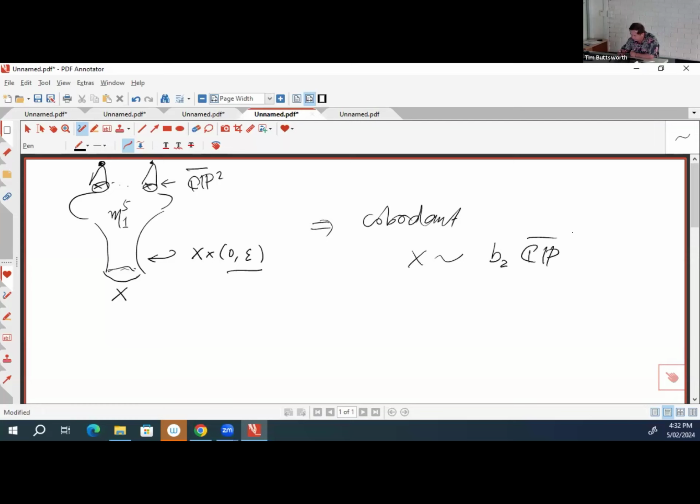So it will be CP2 with opposite orientation. So now this is writing as -1, that is diagonalizable.